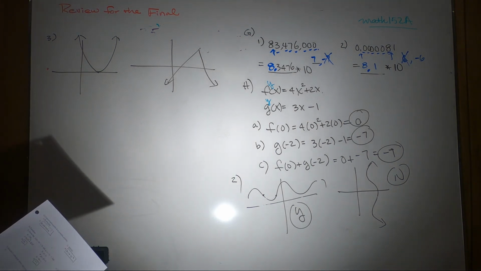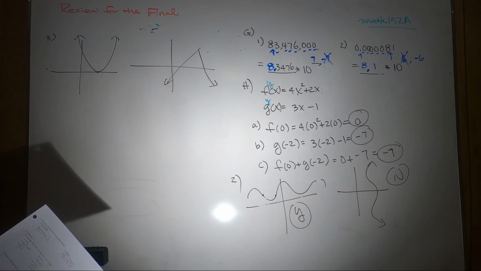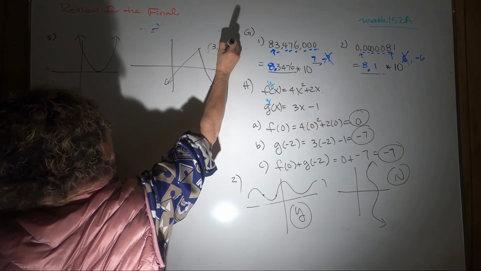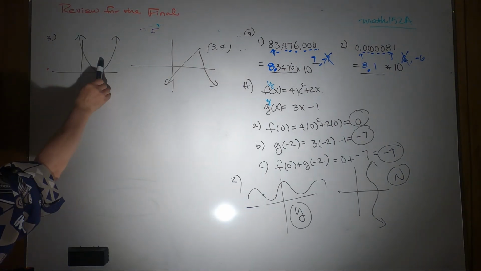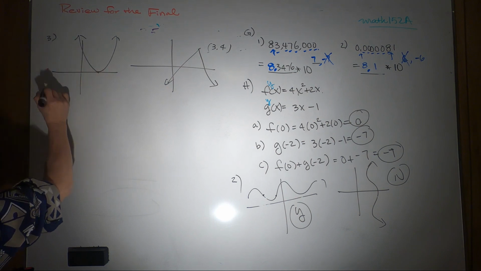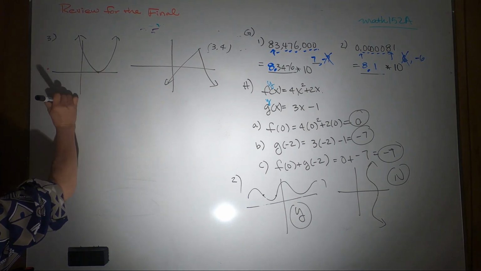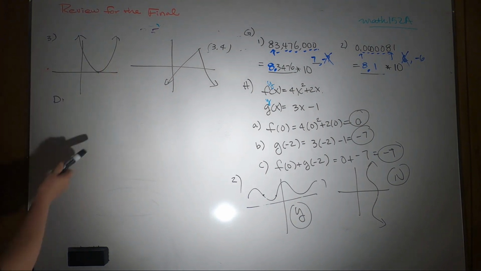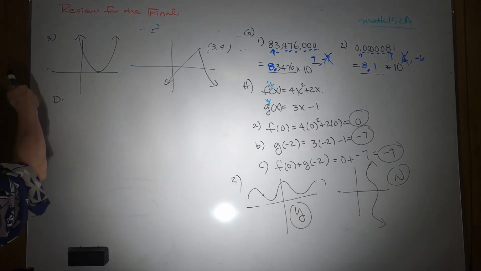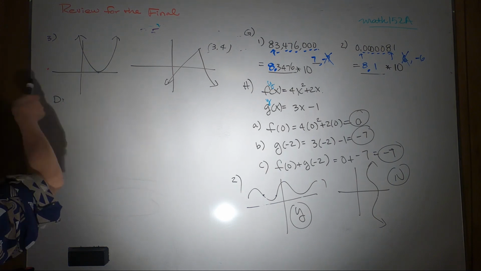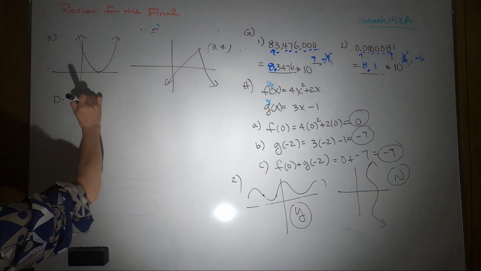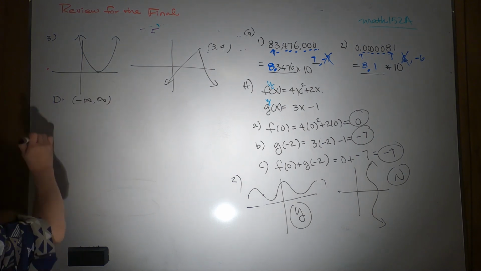So let me see, that value is 1, 2, 3, 4. That's 3, 4, right? Is this a function? Vertical line test. Then what's your domain? It's all possible x values, how far you can go left and right. X is running this way, left and right, so left and right is negative infinity to infinity, right?